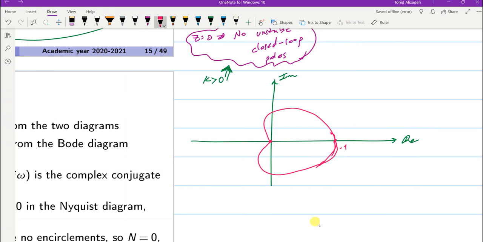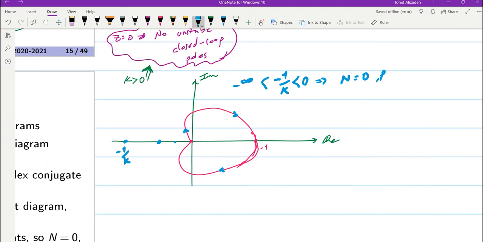Now, in order to discuss the stability of the system, I will take a point as minus 1 over k, and we now move the point minus 1 over k all along the real axis. If the point minus 1 over k is between minus infinity and the origin, then N will be equal to 0, because the Nyquist plot doesn't encircle the point minus 1 over k.